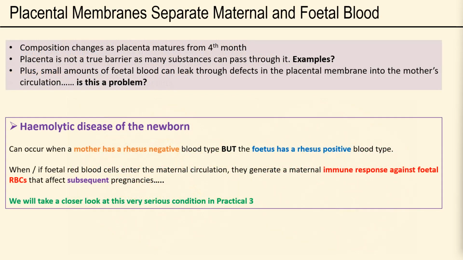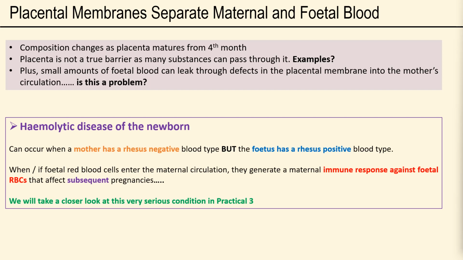As mentioned at length, the maternal and the fetal blood are not exchanged. But in the event placental membranes are damaged and the mixing of blood is allowed, this could be incredibly problematic, particularly if the mother is rhesus negative, but the father is rhesus positive and the fetus has inherited that. This can lead to hemolytic disease in the newborn.